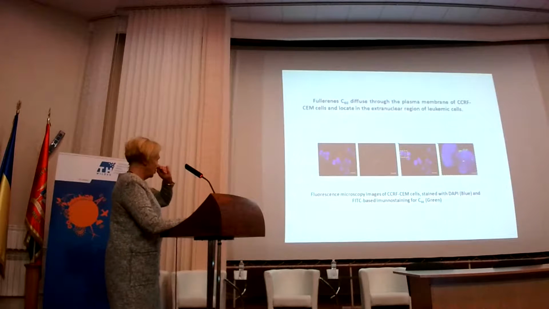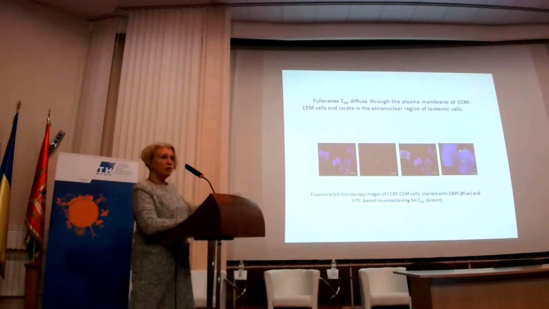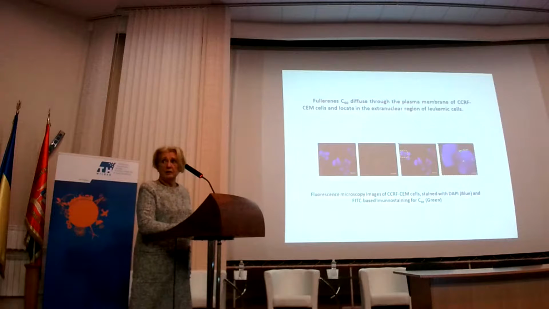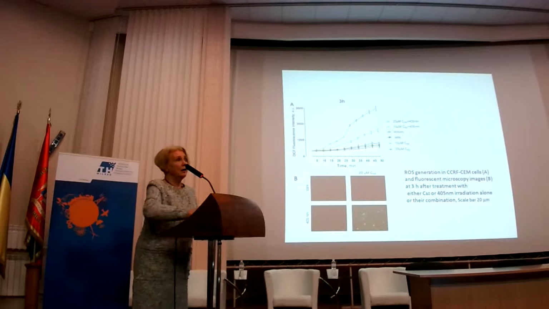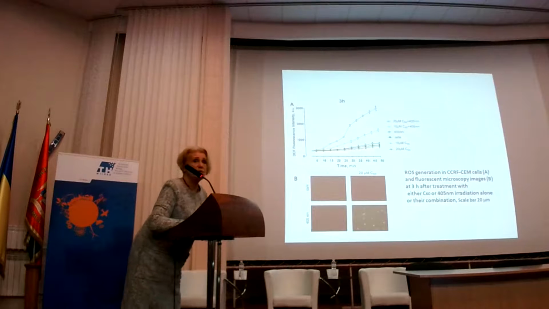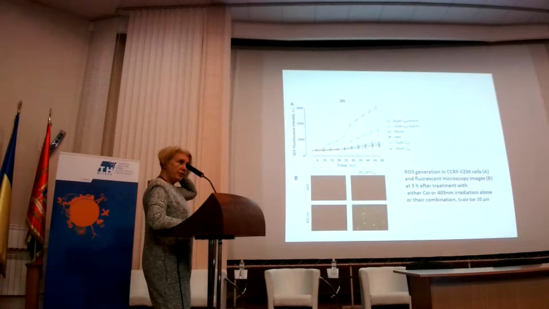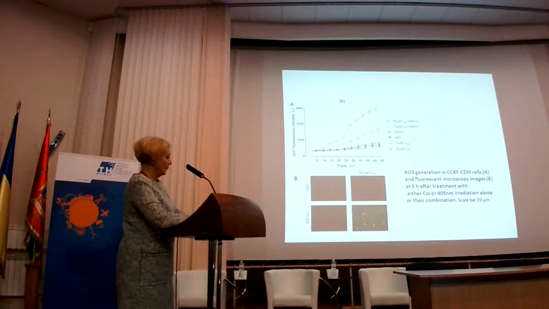Further experiments showed that in the cytoplasm fullerene is accumulated in mitochondria. So if in human leukemic cells this structure is accumulated there, maybe it is also because of ROS generation. And here is the picture where the level of reactive oxygen species is estimated.